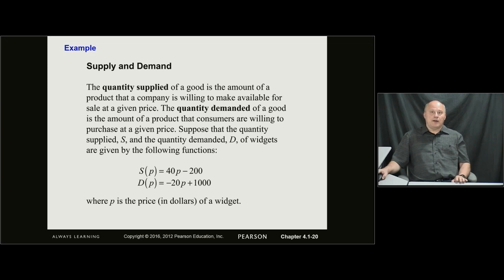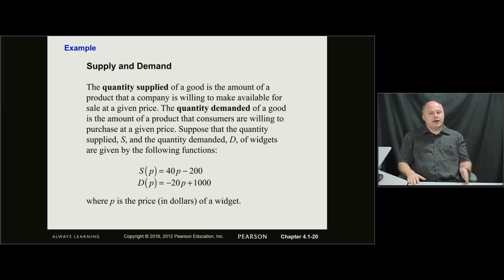See the problem? Consumers want to buy 800 because you set the price at $10, but the company says, well, this price is too low. I'm only willing to make you 200 items.